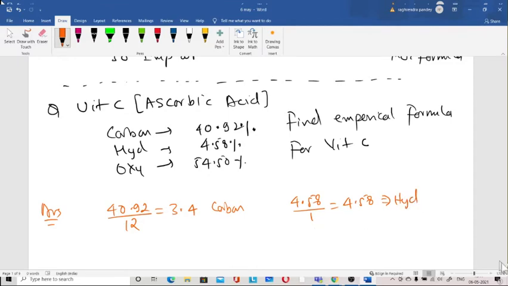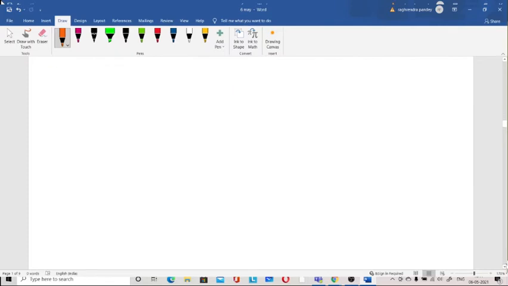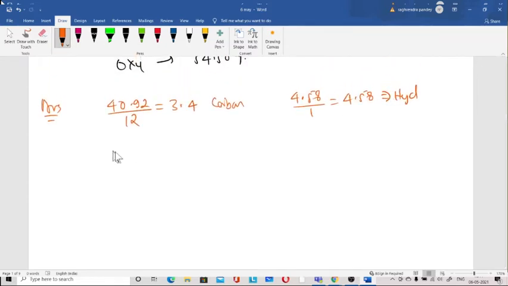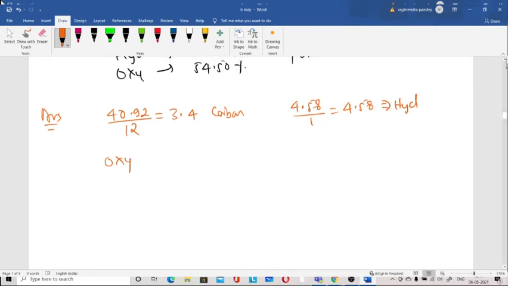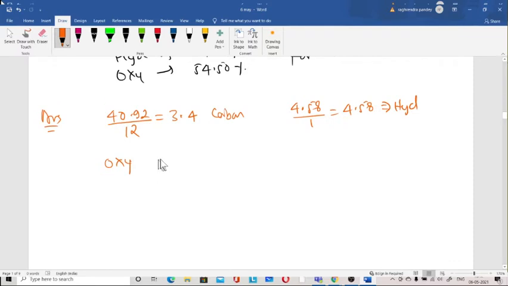And then oxygen is 54.50 divided by 16, which again gives 3.4 moles of oxygen.